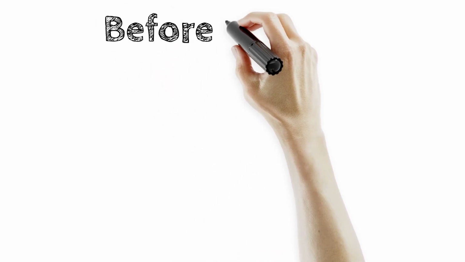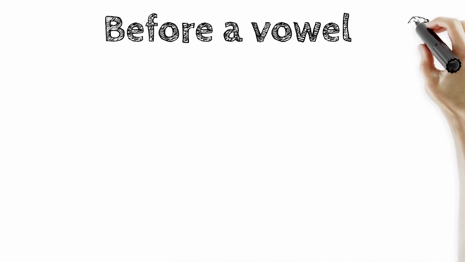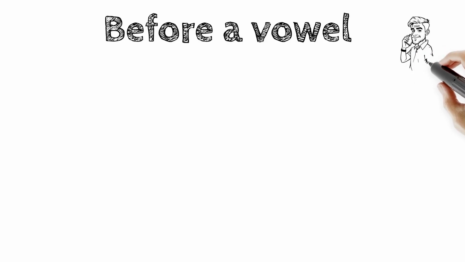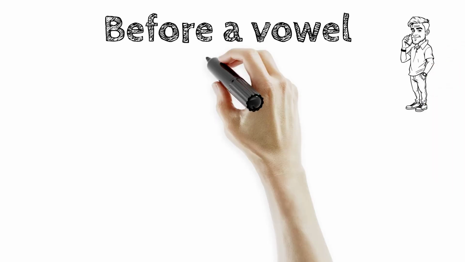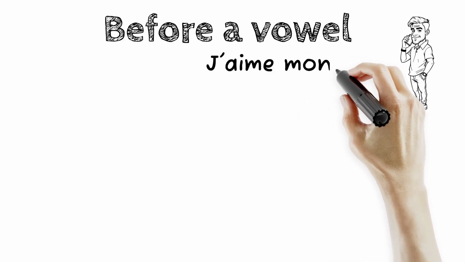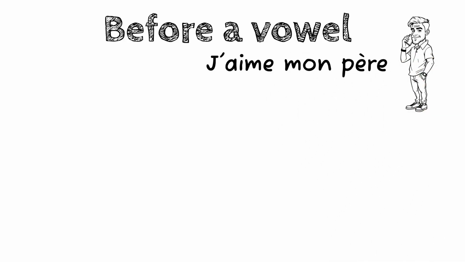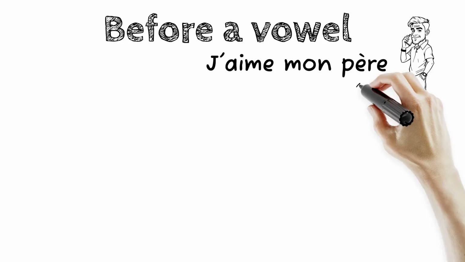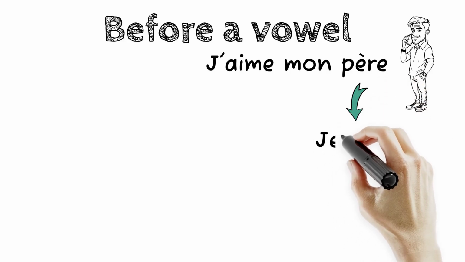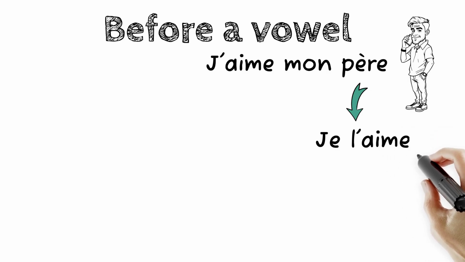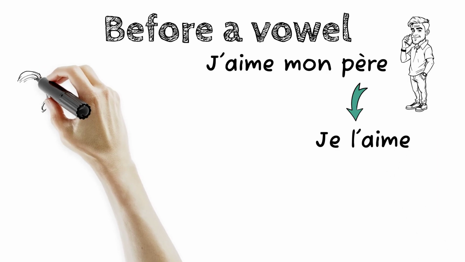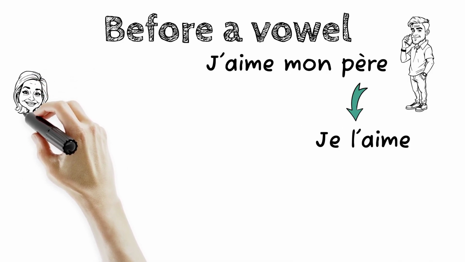Now let's look at what happens when we have a vowel after our direct object pronoun. So if our verb begins with a vowel. So for example, j'aime mon père, I love my dad. We want to make this into I love him. And so the le would be the direct object for him. So we drop the e and it becomes je l'aime, L'.